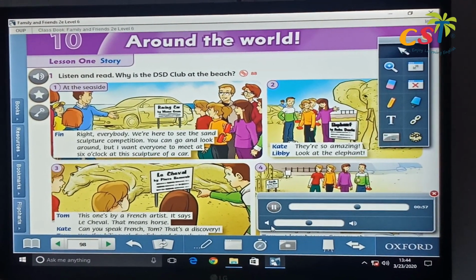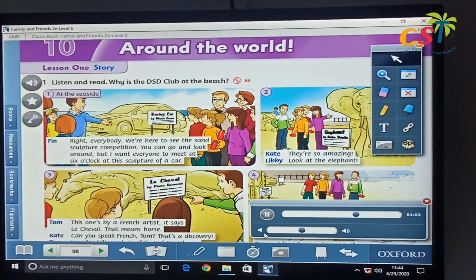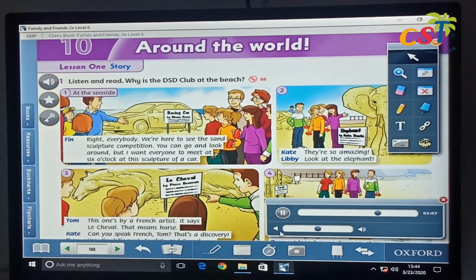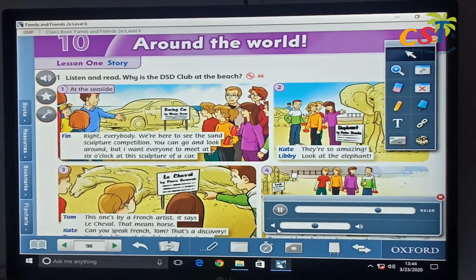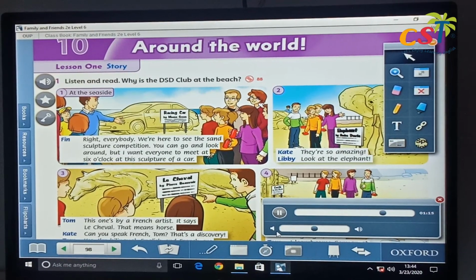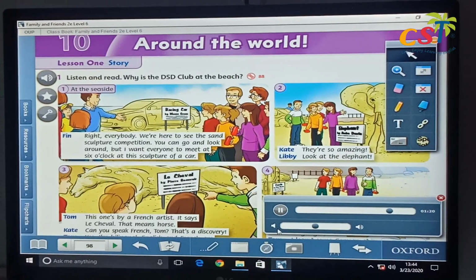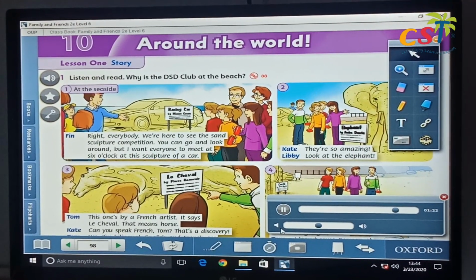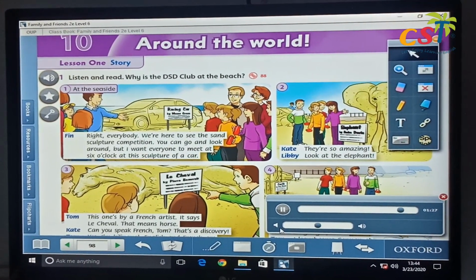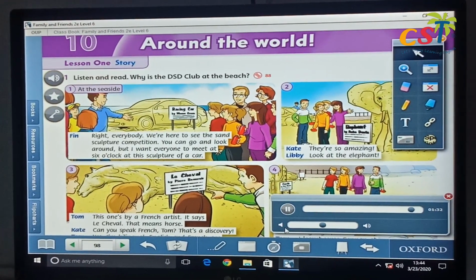English and French are both official languages in Canada. Do you speak any other languages, Tom? I learned some German at school, but I'm not fluent. When do we have to meet everyone? Finn said he wanted everyone to meet at 6 o'clock. Look! What's that? There's something in the water over there. I think it's a shark! A shark? Come on, let's go closer and look.